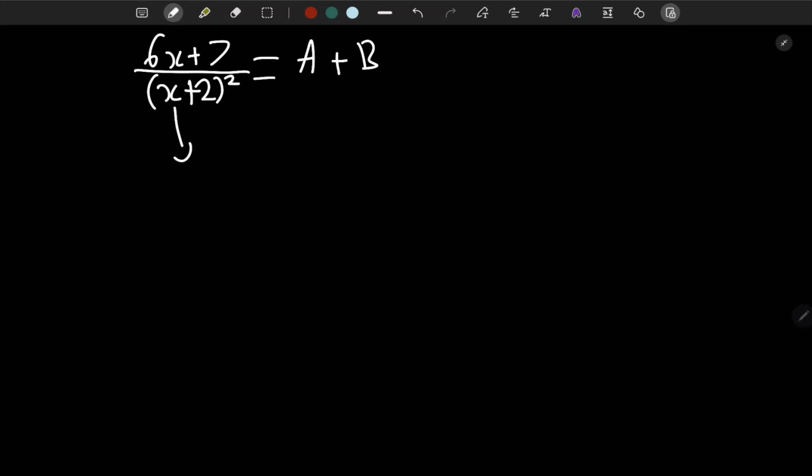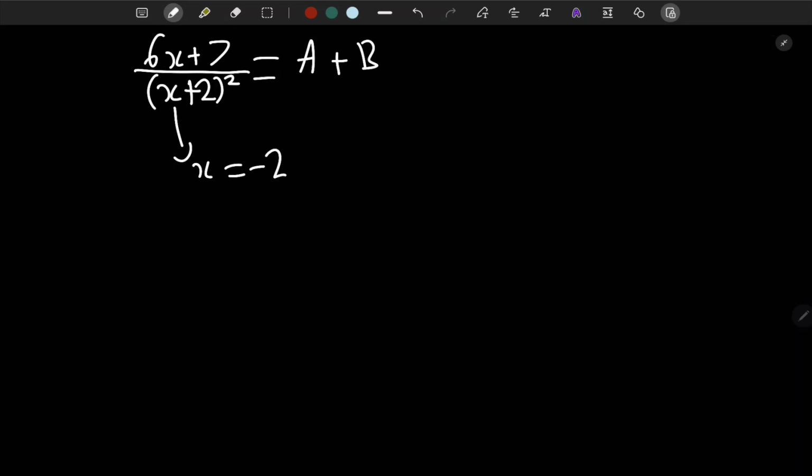The only root we have here for x is going to be -2. Even after expanding, you will realize that you only have one root, which is going to be -2. And another way that they could give you the denominator is the expanded version of this, where you had to factor it like this. So that's another thing to keep in mind.